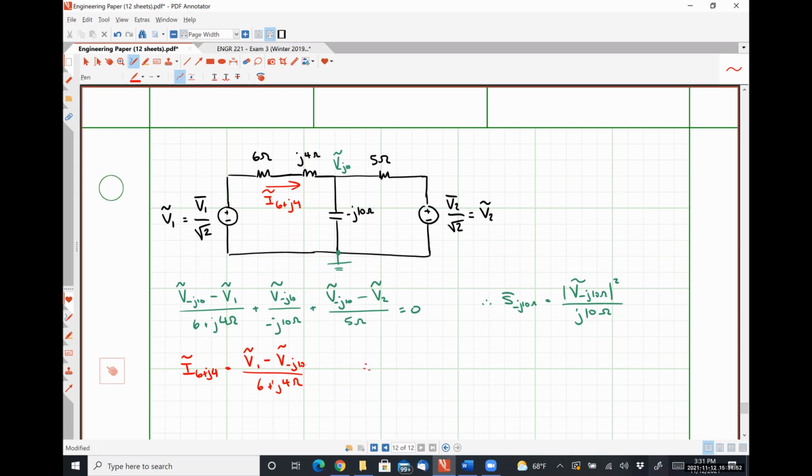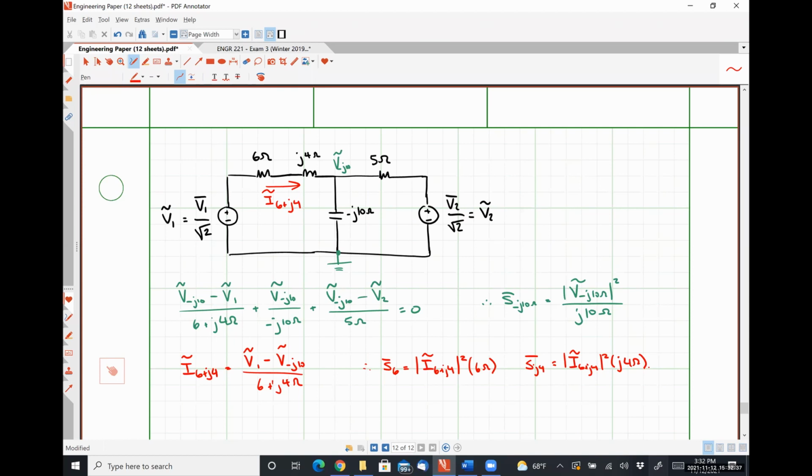And I can then say that the complex power absorbed by my 6 ohm resistor, which I'll call S6, is going to be the magnitude of I 6 plus J4 squared times 6 ohms, and SJ4, the complex power absorbed by the inductor, is going to be the magnitude of I 6 plus J4 squared times J4 ohms. So now I've got 3 of the problems taken care of.